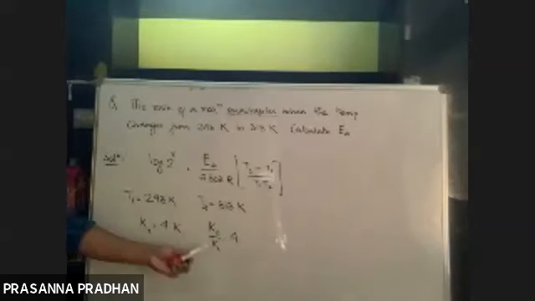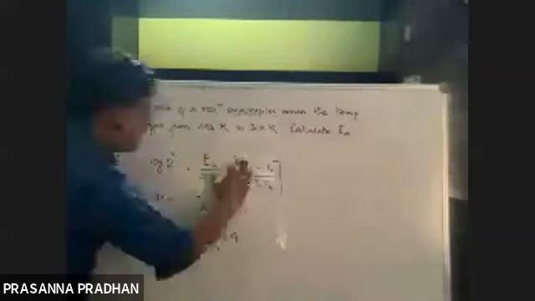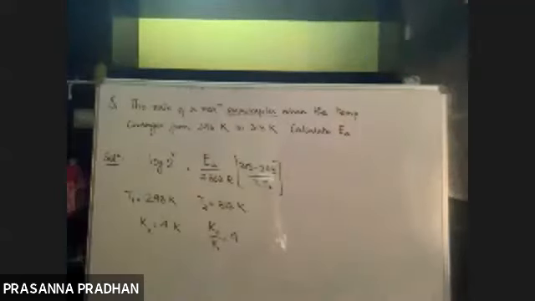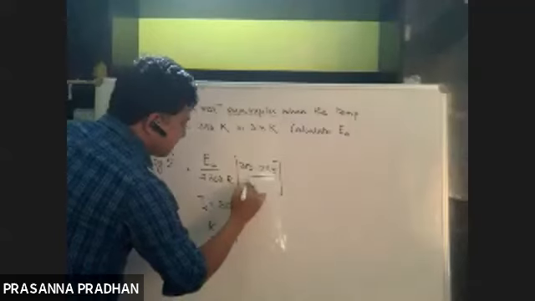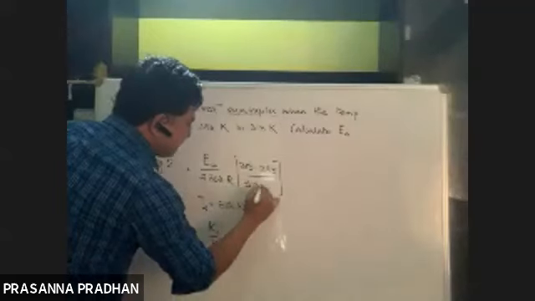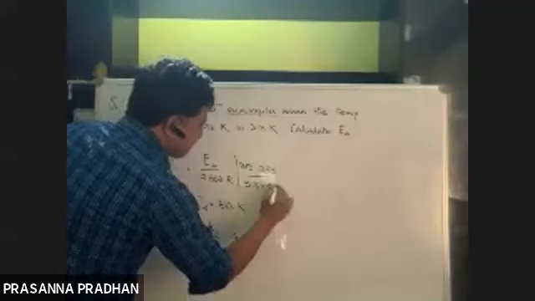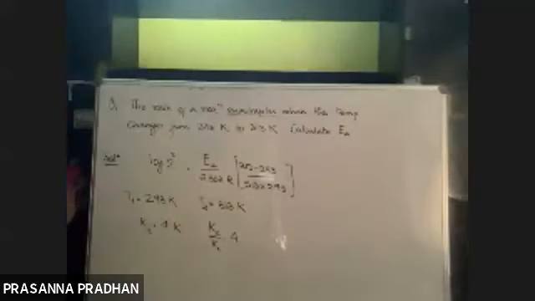The value of K2 by K1 is 4, so log 4. And T2 minus T1 is 313 minus 293, multiplied by 1 over T1 T2, which is 313 multiplied by 293. I'm simply substituting the values here, and we don't have a negative sign here. Don't get confused.